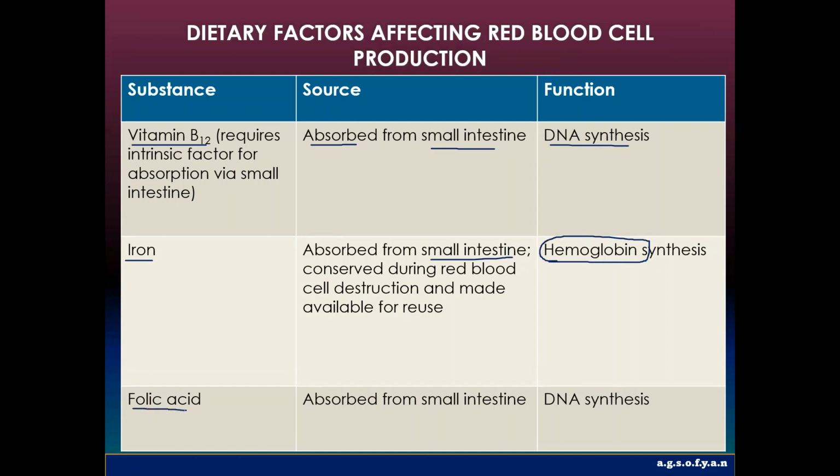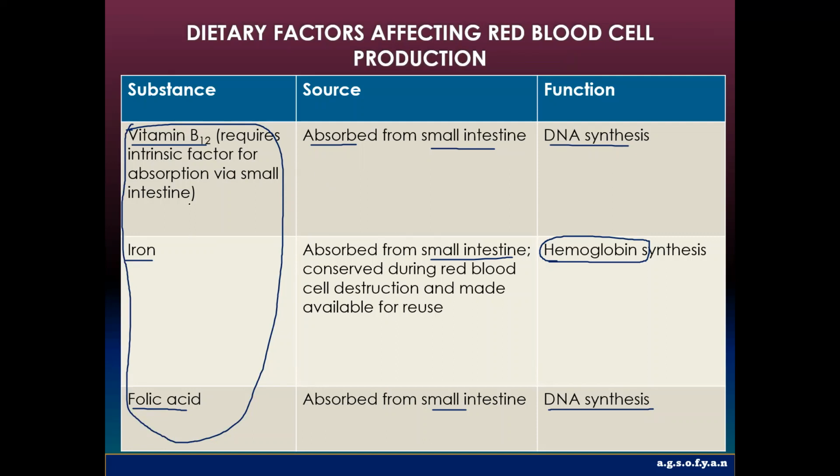Folic acid, a type of amino acid, is also absorbed from the small intestine, and this is also used for DNA synthesis. So in our diet, we need these resources in order to produce the red blood cell.